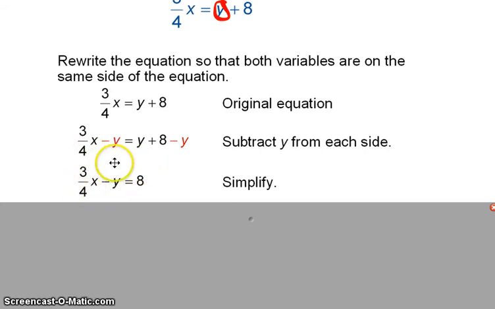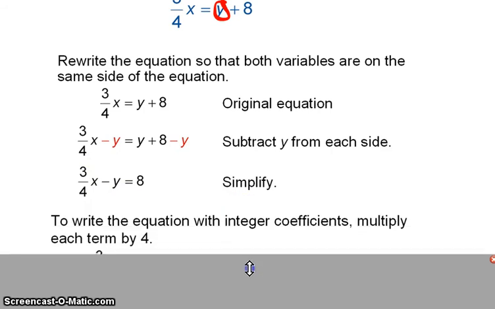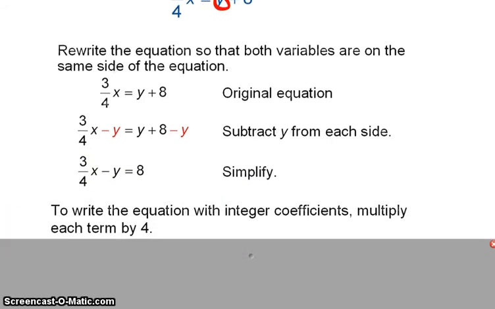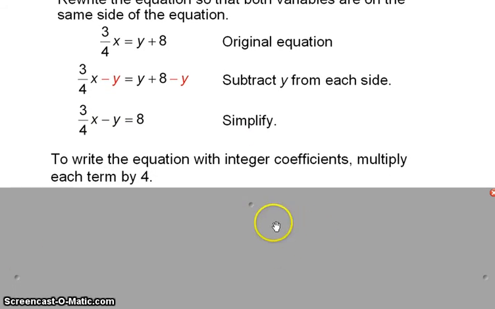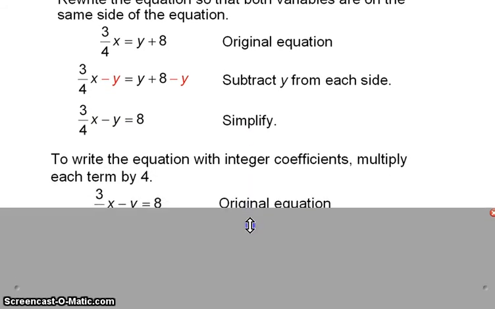So now that we have the x and the y on the left hand side, and the c, or the constant, on the right hand side, now we need to focus on what a is. You can see that a is not an integer. It is greater than 0, but it's not an integer. So what we need to do is get rid of this fraction. To get rid of that fraction, we are going to multiply by the denominator.